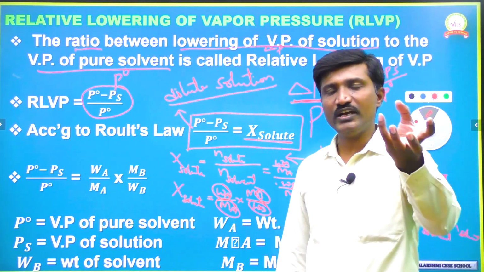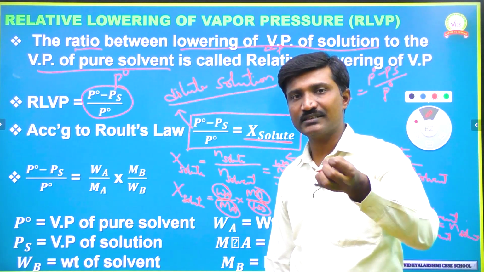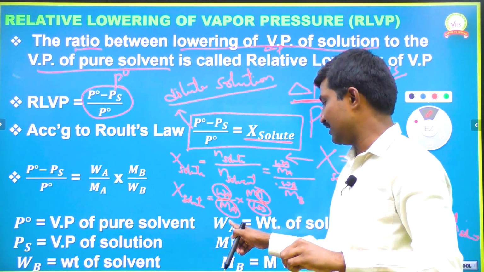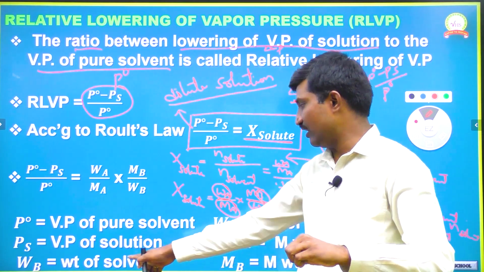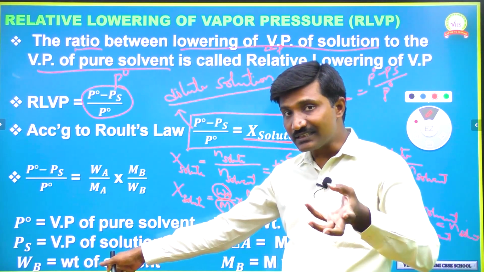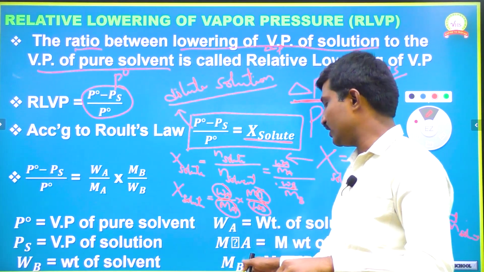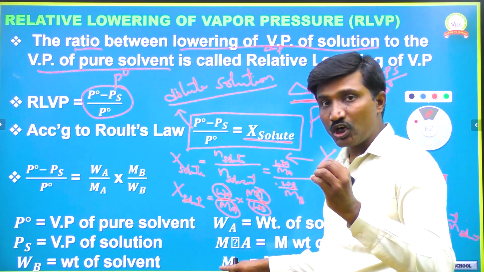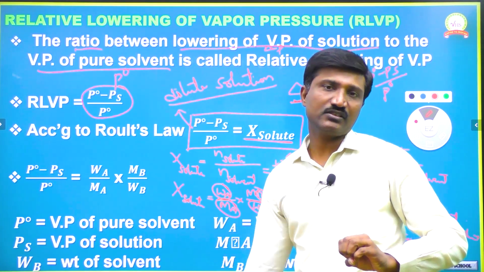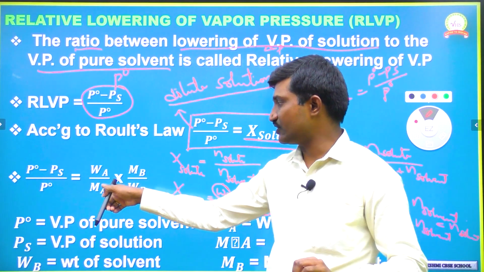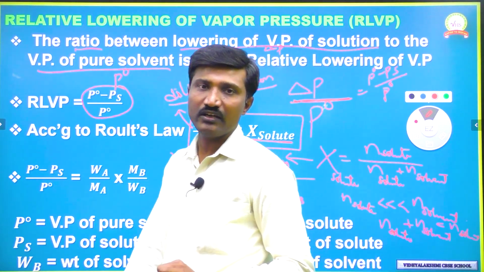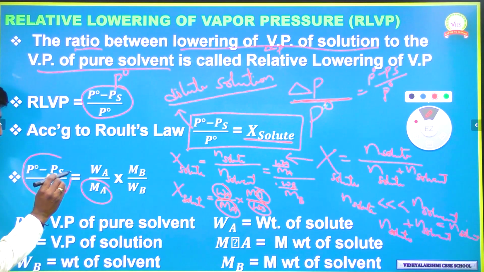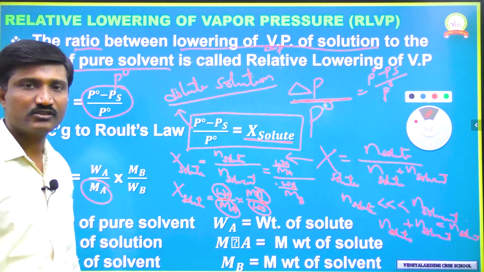Since we add some amount of solute and some amount of solvent to prepare a solution, we know the Wa and Wb values. Since we know the solvent, we know its molecular weight. If we don't know the molecular weight of the solute, by using this equation we can calculate it after knowing the relative lowering of vapor pressure of that solution.